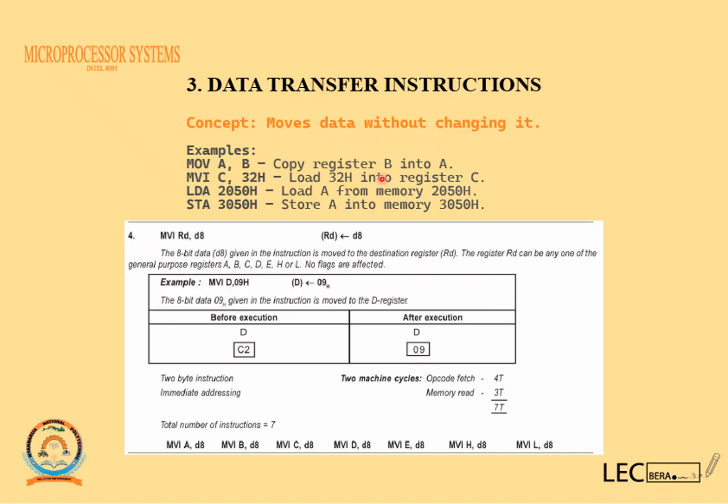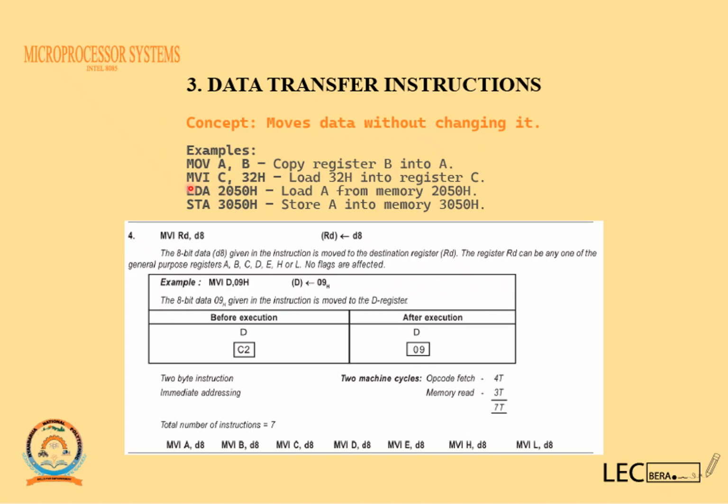So we use this instruction, MVI, LDI. When you see this type of instruction, know that the data you are talking about is not found anywhere but inside your thought. For example, here, I'm loading the hexadecimal number 32H into register C. And then I have LDA.